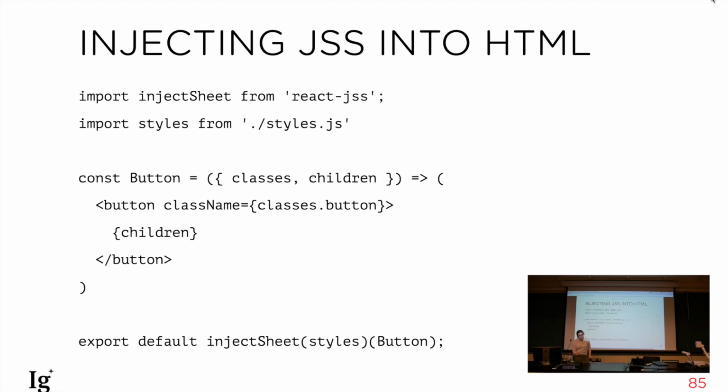When writing a component, you would do it like that. You will have some component applying classes to itself, and then with this special method, injectSheet, you will provide some styles to style your button.